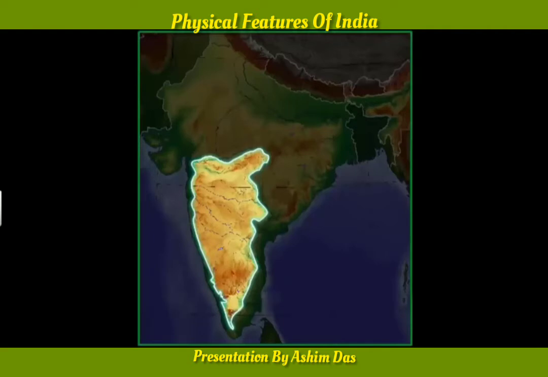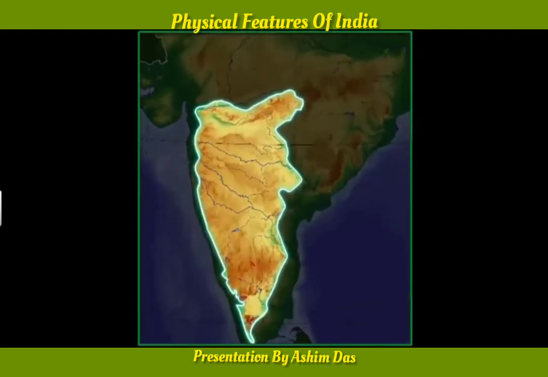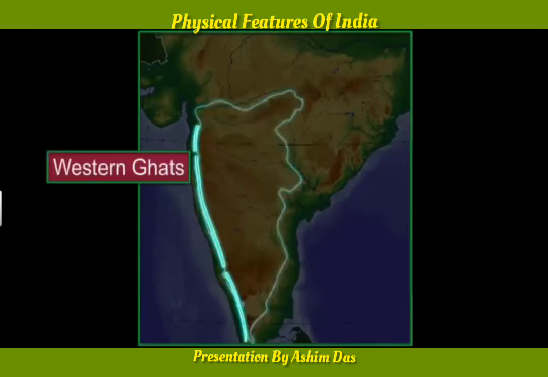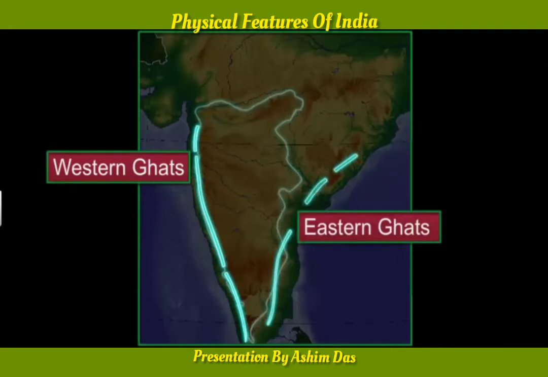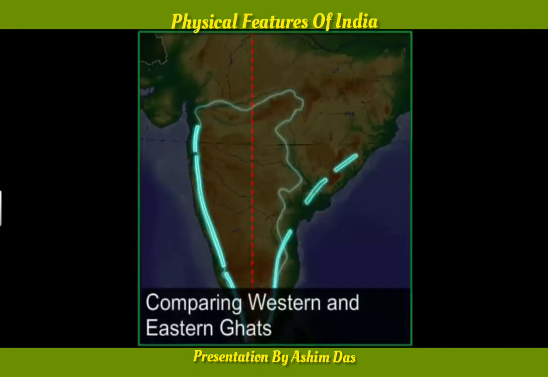Moving southwards over the Deccan Plateau, you will observe that it is bordered by the Western Ghats on the west and the Eastern Ghats on the east. If you compare the ranges on both sides of the Deccan Plateau, you will see a number of interesting differences.